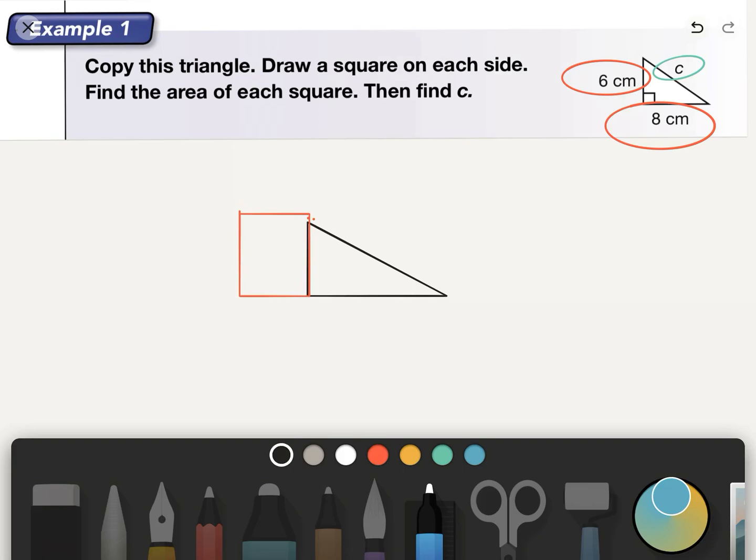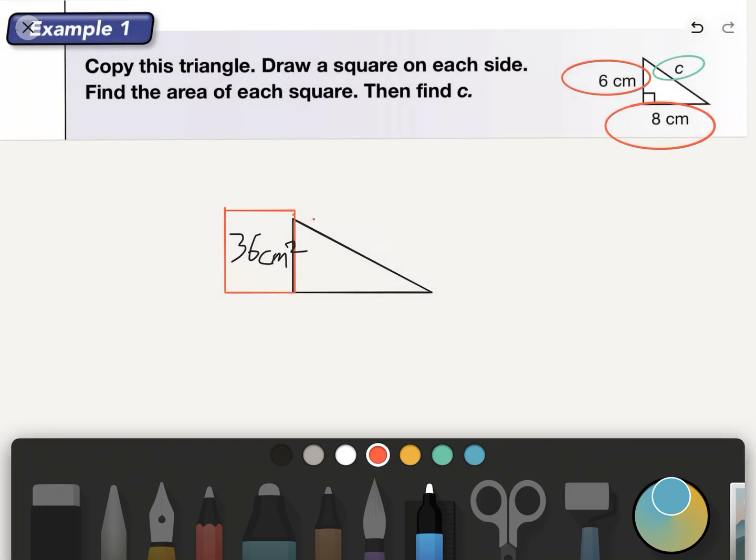So this one would be 36 centimeters squared. And the bottom one will be 64 centimeters squared. So now we just need to figure out what this other triangle is going to be.